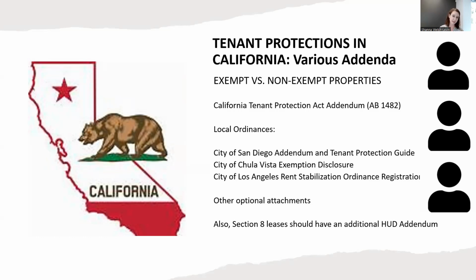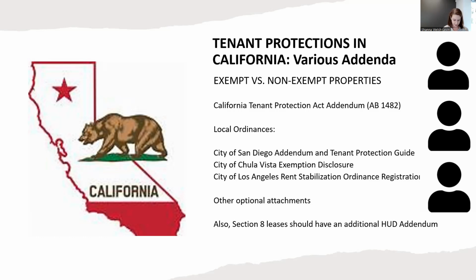City of Chula Vista has some compliance documents. If you're in the city of Los Angeles, there are some things that need to be addressed in your lease for the rent stabilization ordinance. And you need to register with the rent stabilization program or with the city.